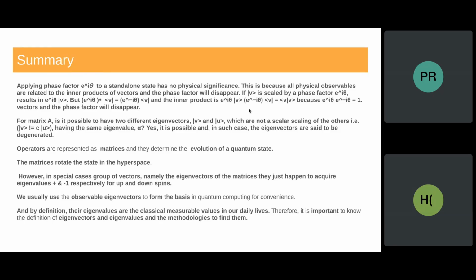So e raised to i theta ket, and for the bra you multiply with e raised to minus i theta, because i, a complex number, becomes minus i. If you multiply the bra and the ket vector, the i theta and minus i theta cancel, and e raised to i theta times e raised to minus i theta turns out to be unity. Therefore this becomes the dot product of vector v, bra with ket v, and so the phase factor will disappear.